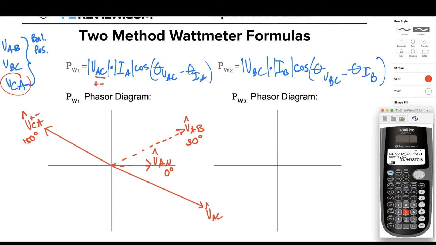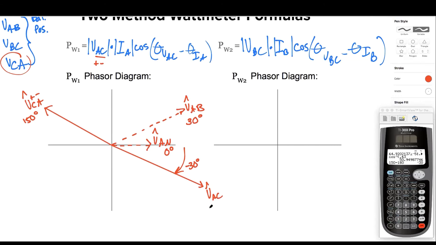Look, 150 minus 180. I want to go in the clockwise, in the minus direction, that way my number's under 180. So look, this angle is just minus 30. Everyone with me so far? So VAC is at minus 30 degrees. All right, that one's done.